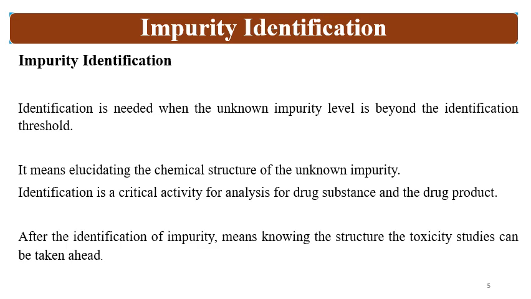And after the impurity structure is known, that impurity is called as known impurity. It will have the well defined structure and it will have the IUPAC name. Then if that impurity goes beyond the qualification threshold, then toxicity studies can be performed onto that identified impurity.